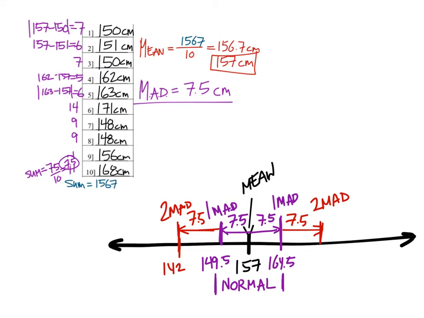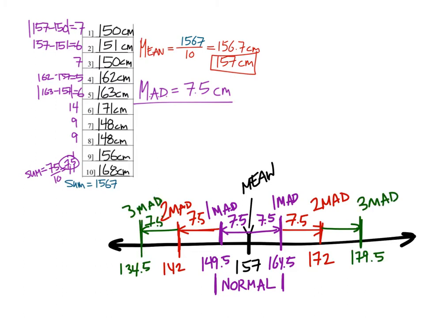And if I go from 164.5 to the right, adding 7.5, I get 172. So those are 2 mean absolute deviations. Let's go one more, and then we'll stop right here. Of course, this would put us 3 mean absolute deviations, so that's 179.5 all the way down to 134.5.